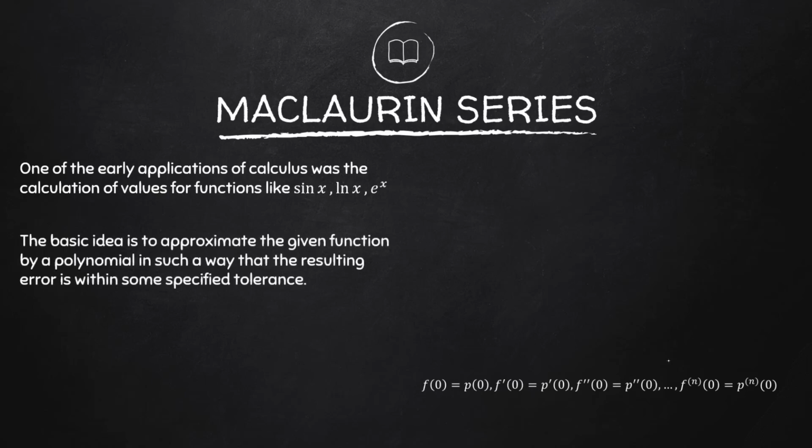functions. So the basic idea is to approximate the given function by a polynomial in such a way that the resulting error is within some specified tolerance. So what we are going to do, we will equate or approximate the function that we have. For example, you have a function f of x.